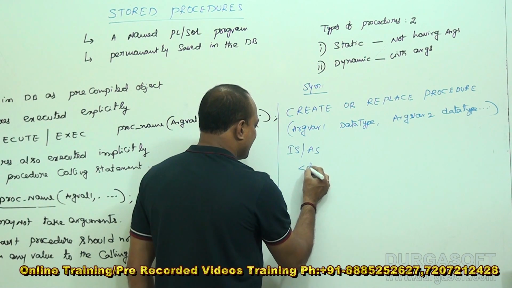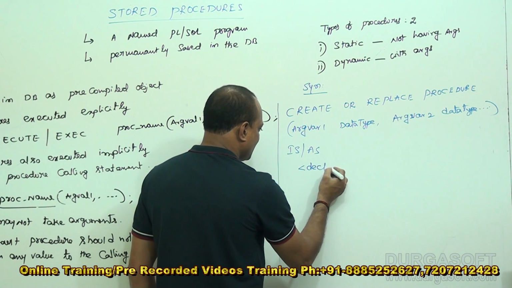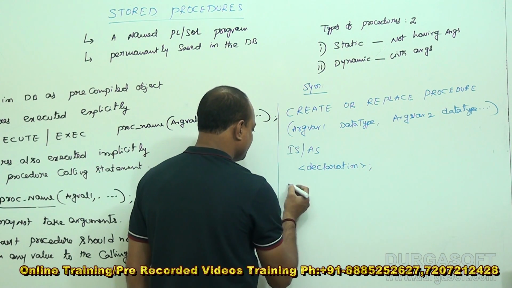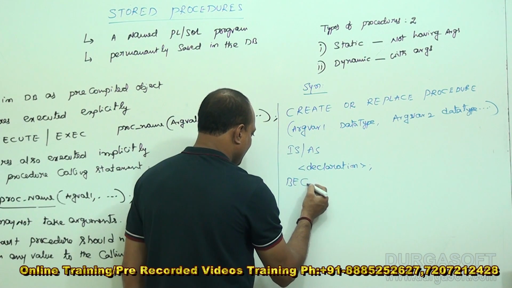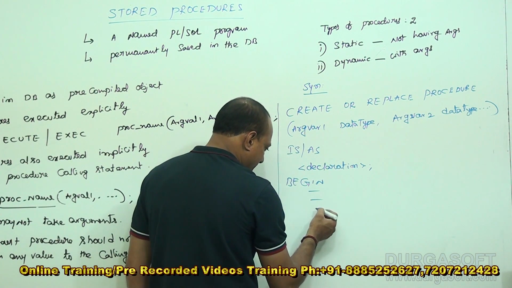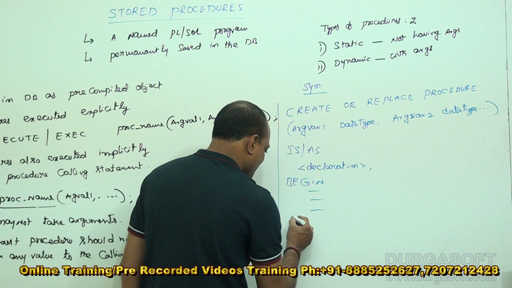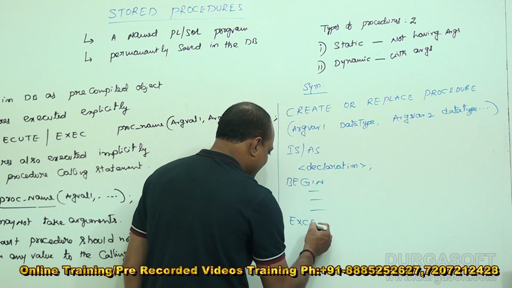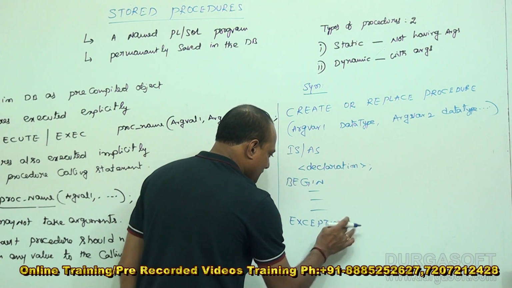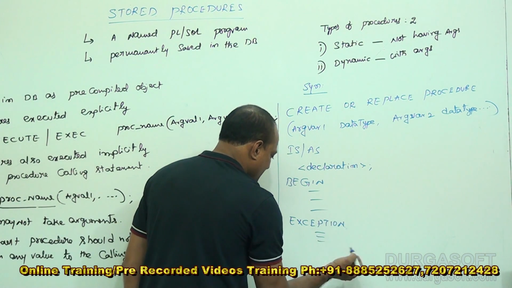So only you have this part and remaining part is same as program. So we are not writing any declare keyword. Declaration part, begin, assignments, data processing, output statements. If you want to handle exceptions or if you want to handle errors, use exception block.